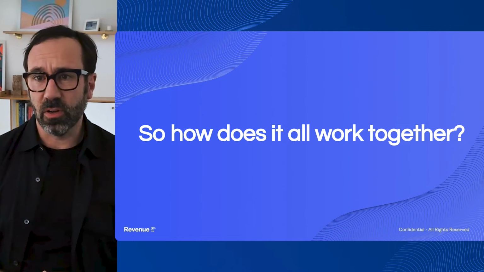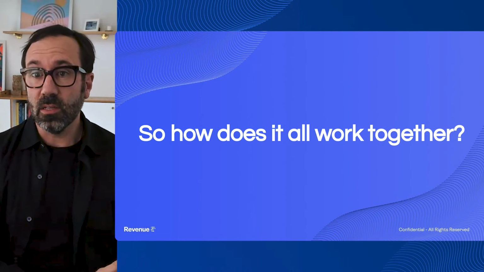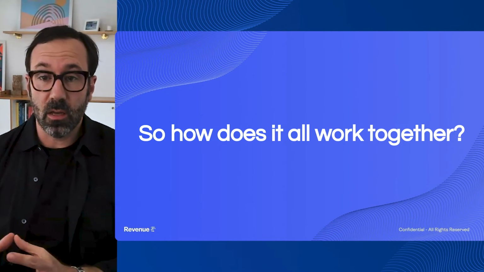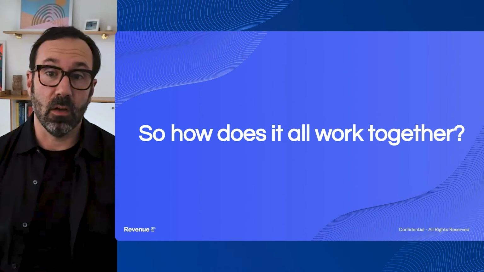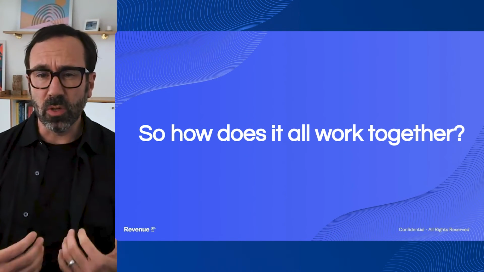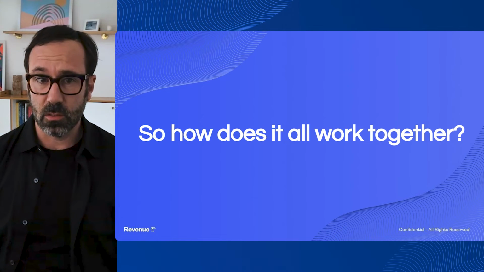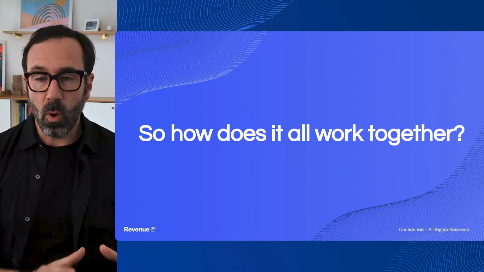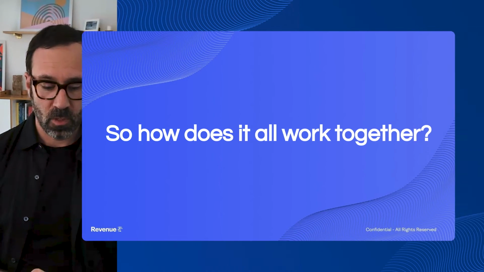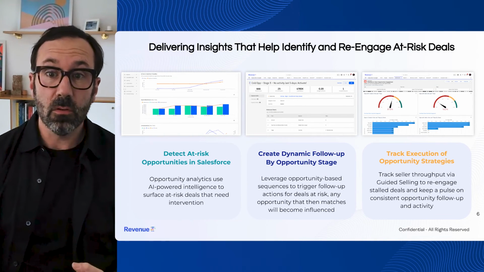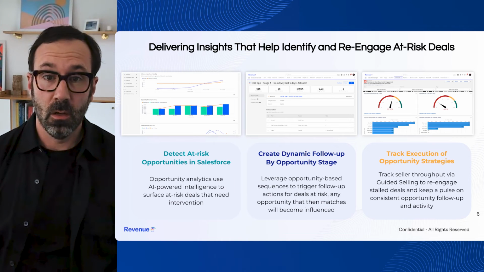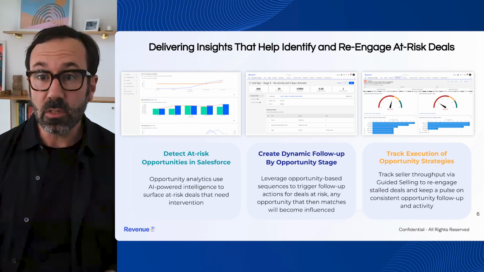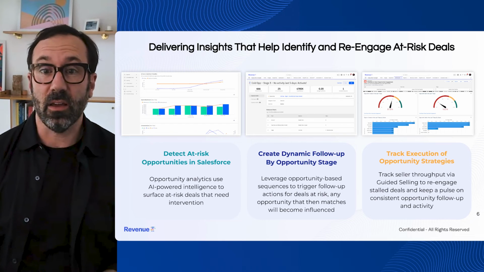So we've walked through different areas: what we can see in Salesforce, what we can see within our forecasting pages within Conversation AI, and drilling into individual opportunities. All of this information provides you with really one of three core elements. First, we need to discover and understand what's happening in our business. Second, we need to be able to influence what's going on. And third, we need to be able to track and measure.